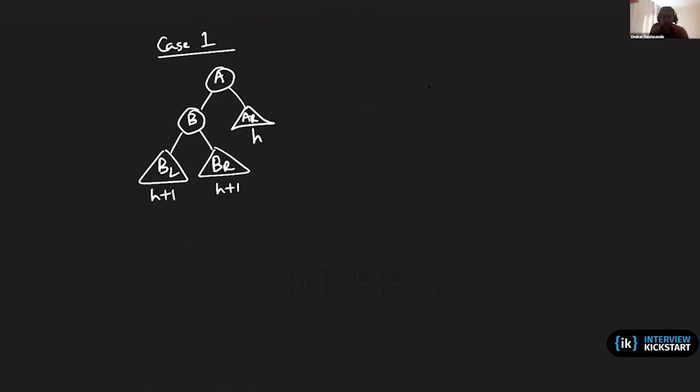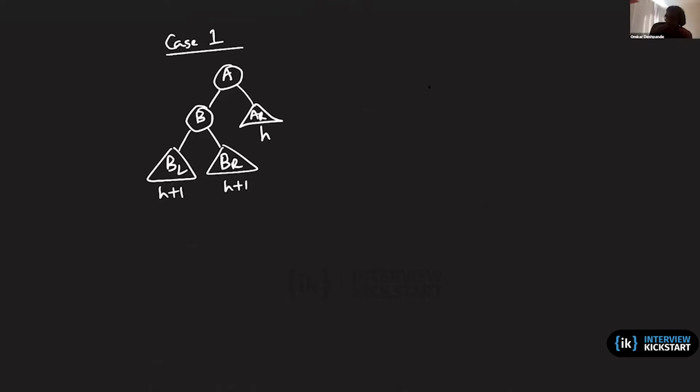So what can we do to fix this imbalance? The balance factor at A is h+2 minus h, which is +2.